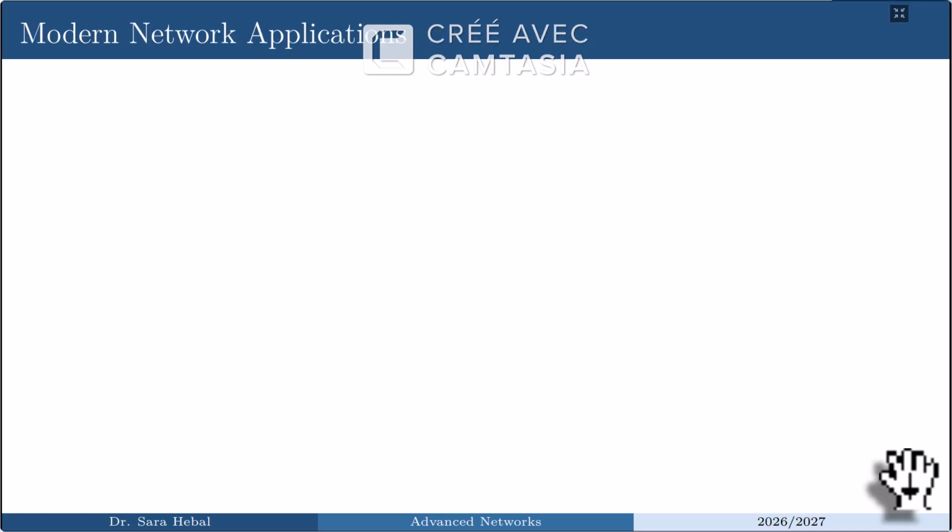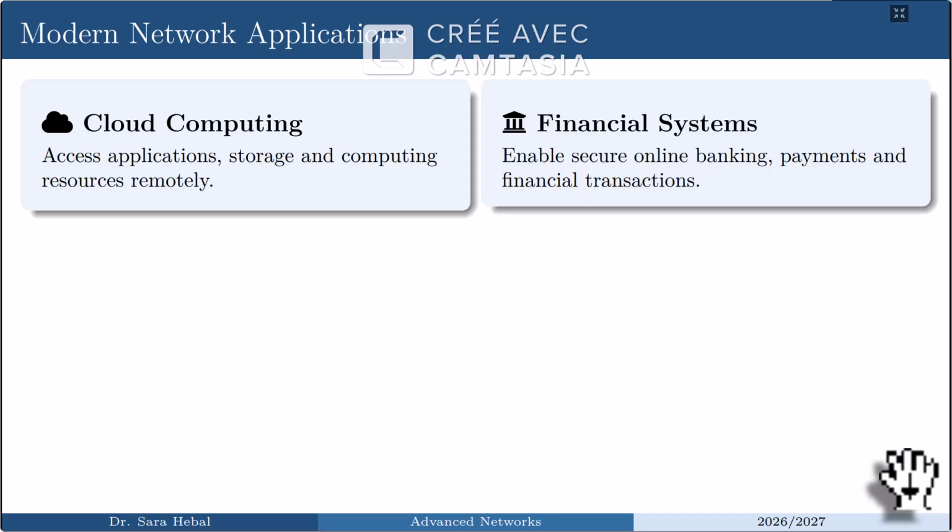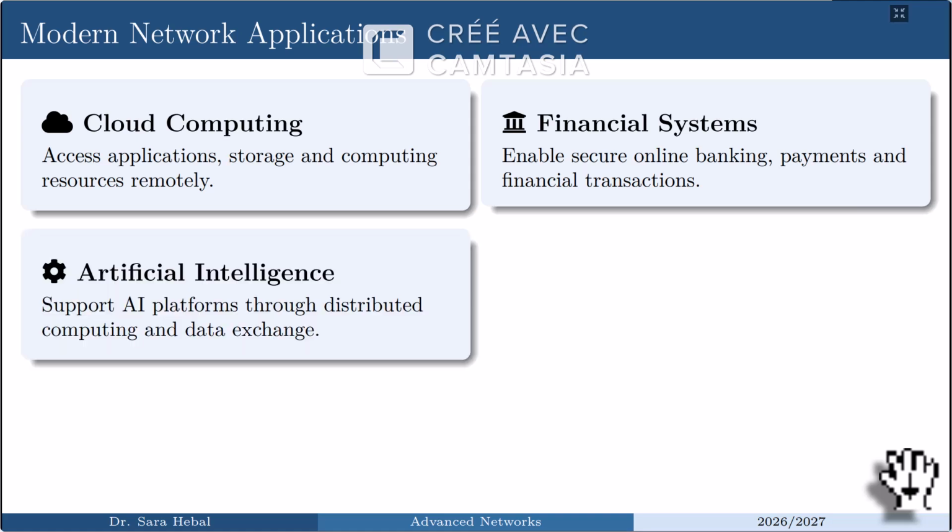Today, computer networks support far more than simple file sharing. For example, cloud computing platforms distribute services across thousands of interconnected servers. Also, financial institutions can now process secure transactions in real time. Artificial intelligence applications rely on networks to exchange huge volumes of data.